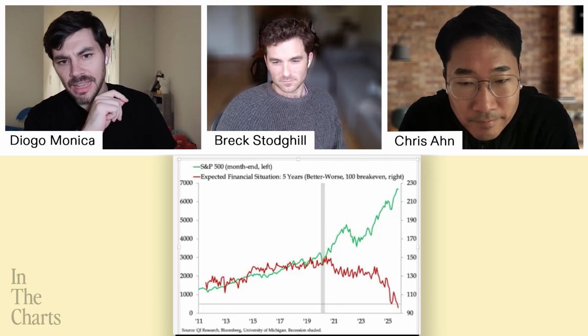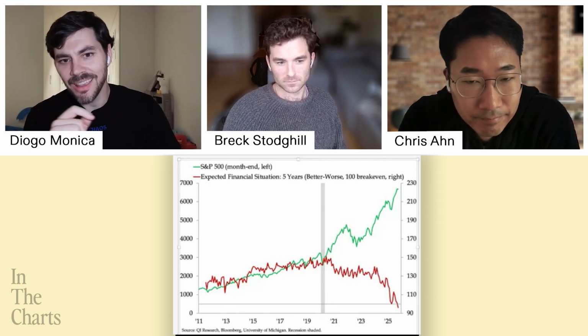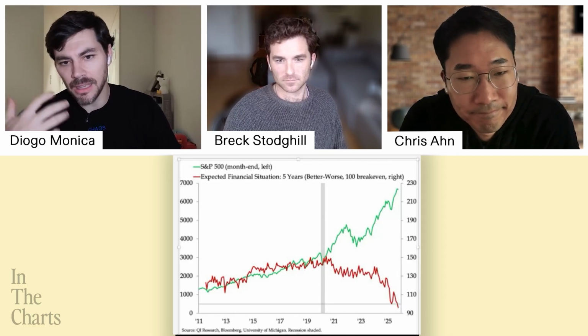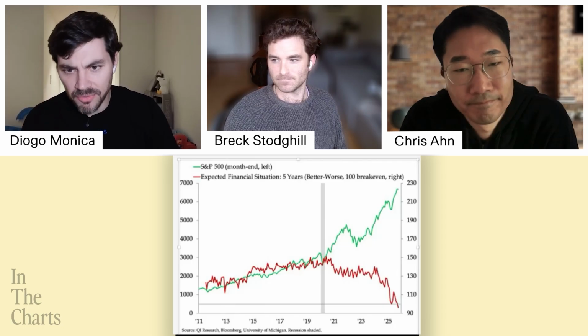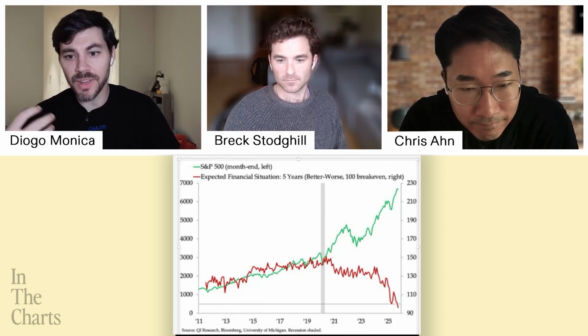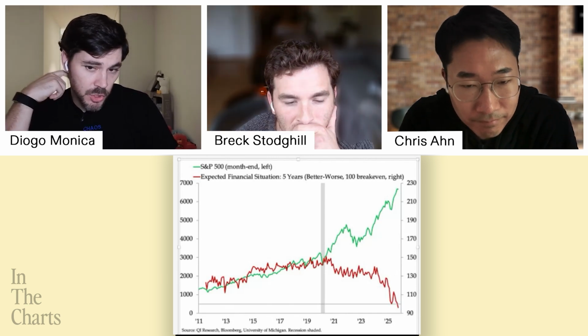One is the S&P 500 month-end price in green, and the other line, in red, is the expected financial situation. It's a poll asking whether, 5 years from now, you are going to be worse off or better off in terms of your financial situation. It's a poll of Americans done by the University of Michigan.